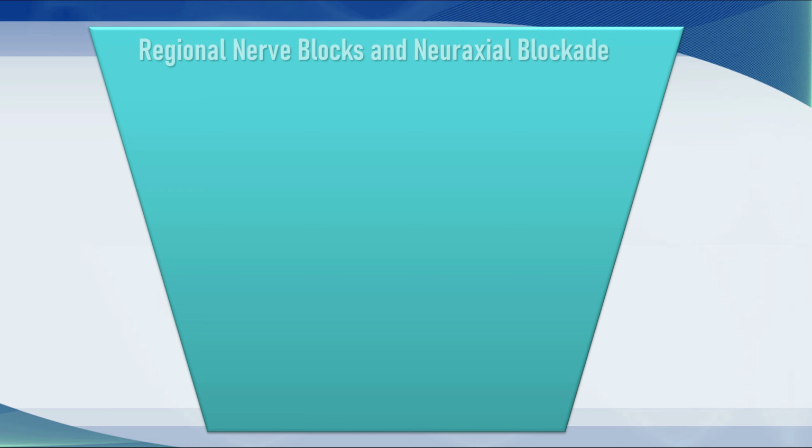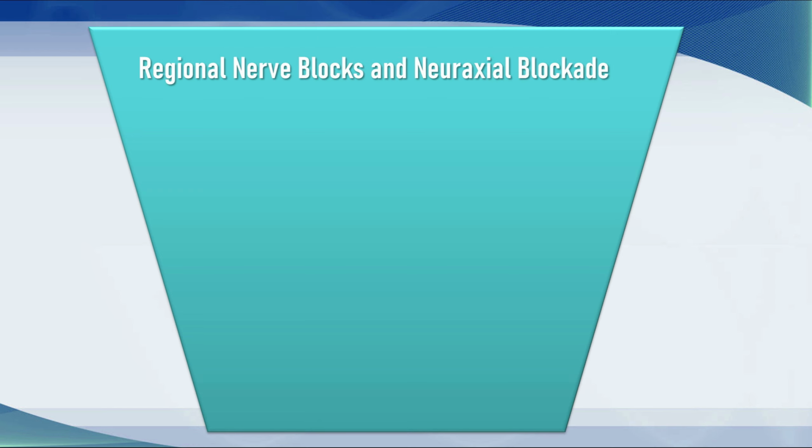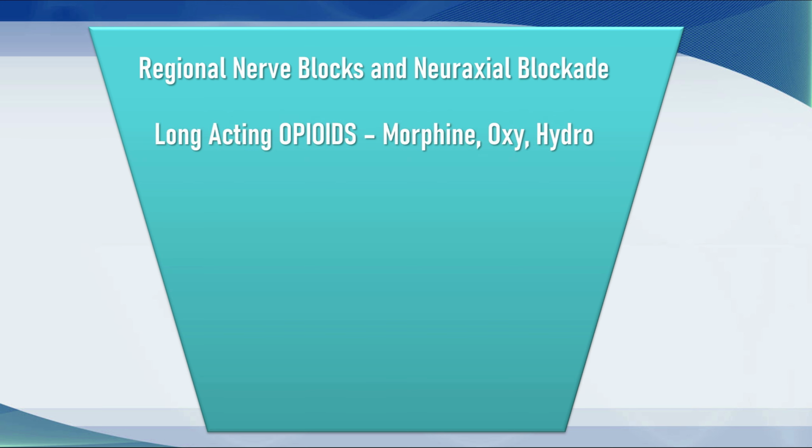The top of the pyramid is stuff that just stops the patient feeling pain. They are regional nerve blocks and neuraxial blockade. What I mean by that is epidural and paravertebral blocks. Then we're going to use long-acting opioids such as morphine, hydromorphone, oxycodone. Subsequently, lidocaine infusions or patches are quite useful.